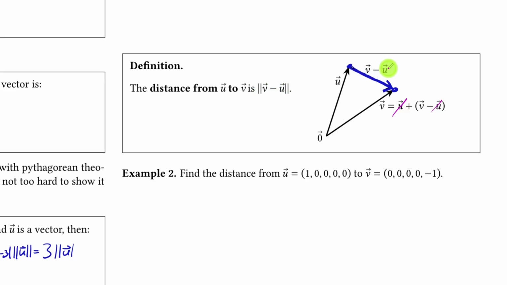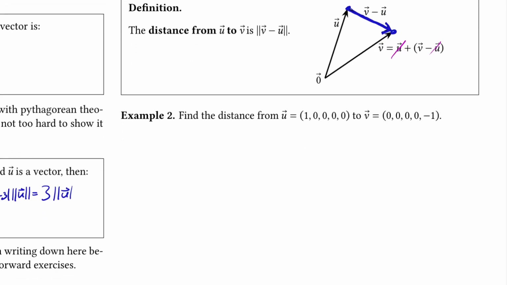This doesn't just apply in R2 or R3 where we can draw pictures of them, but also in R5. Here we have these two R5 vectors, u and v.